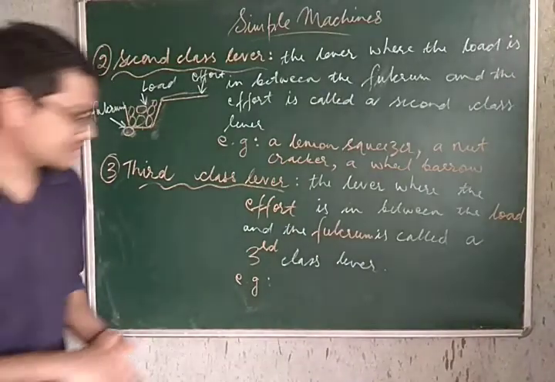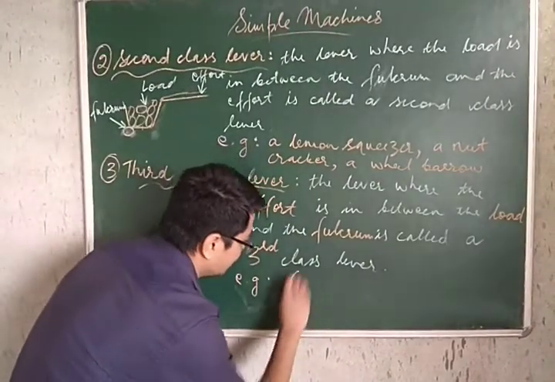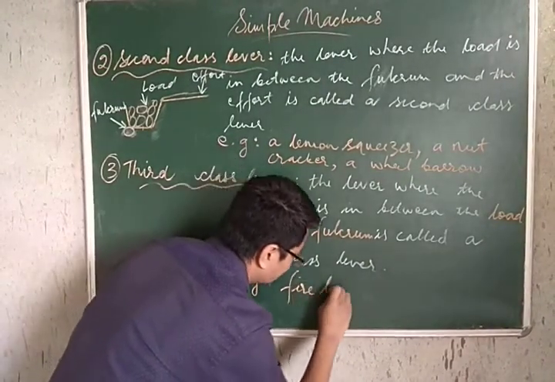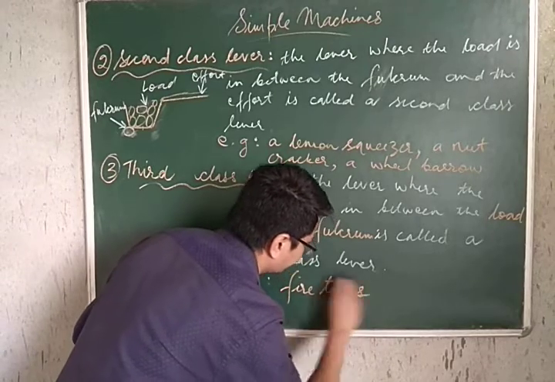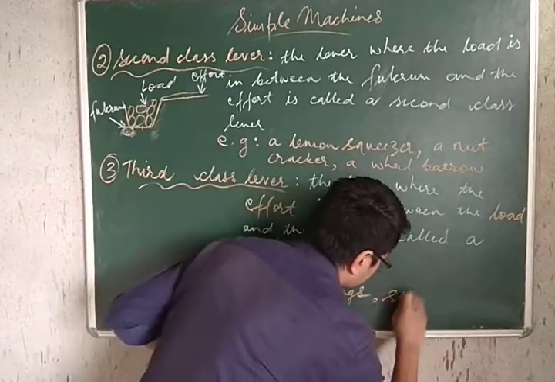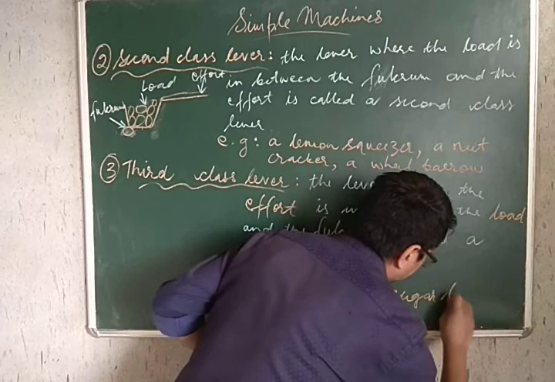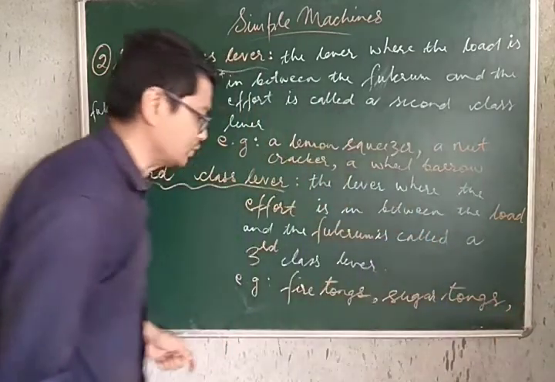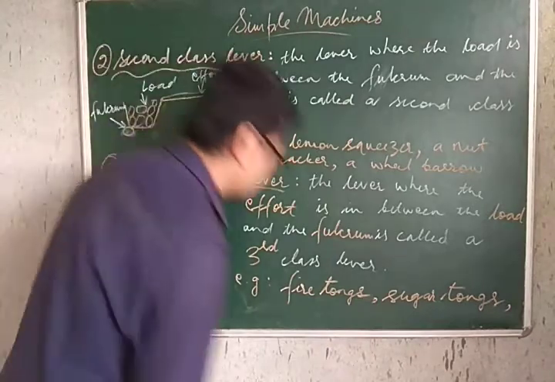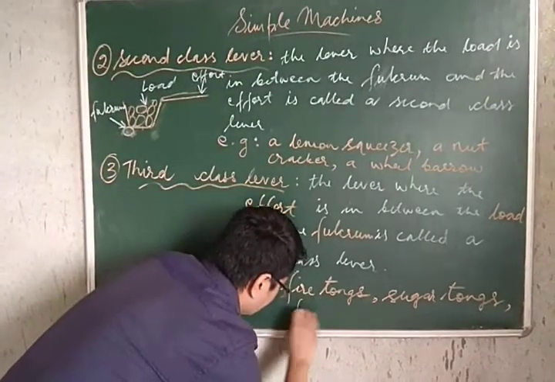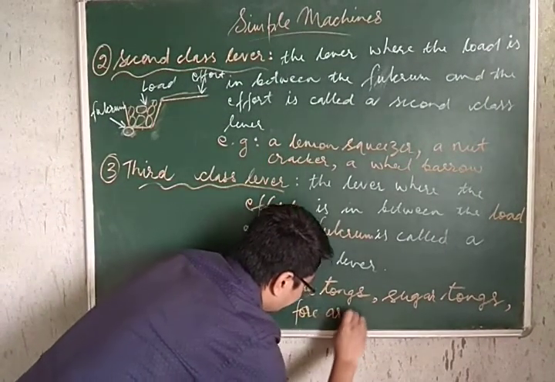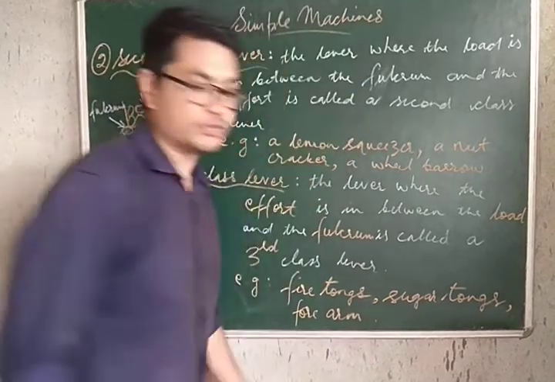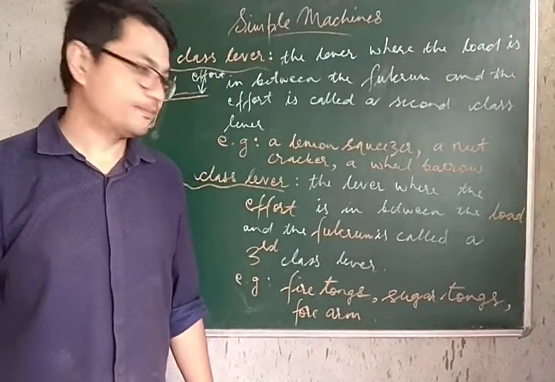So to give you some examples of third class lever, you have fire tongs, sugar tongs, or ice cube tongs, whatever you want to call it. Sugar tongs, fire tongs, the forearm are some examples of third class levers.